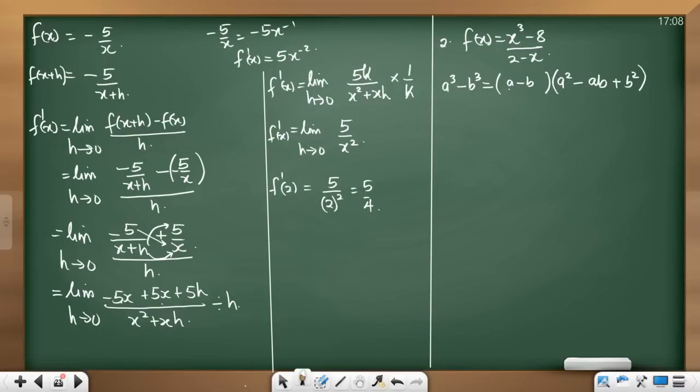I promise you, if you expand this, you are going to get a cube minus b cube. If you're doubting, let's expand. What is a times a squared? A cube. What will that give you? Minus a squared b, right? Plus ab squared. Is that fine? Now what do you have? Minus b times a squared would be what?